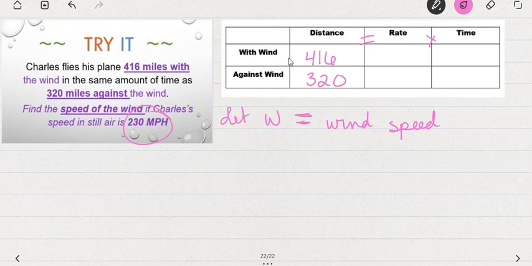So what that tells me is that if he's flying with the wind, the wind is pushing the plane. So we've got the speed of the airplane plus the speed of the wind working together. So we have a rate of 230 plus W.